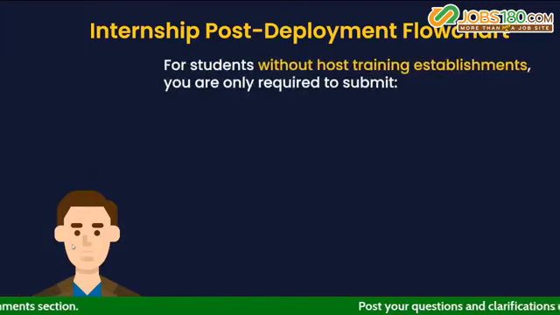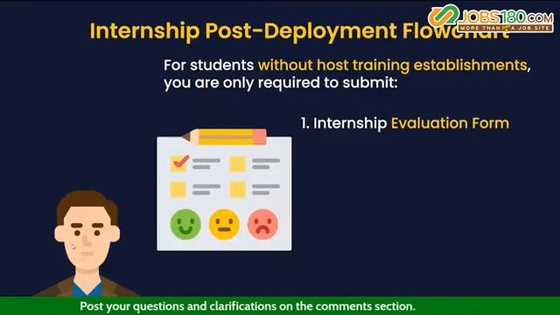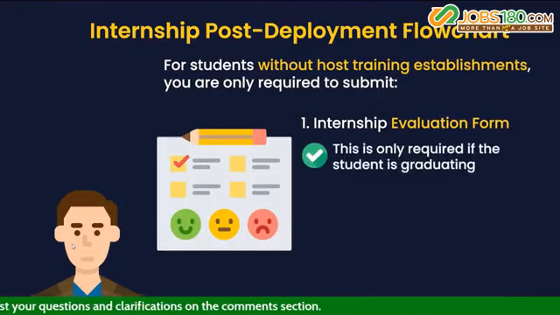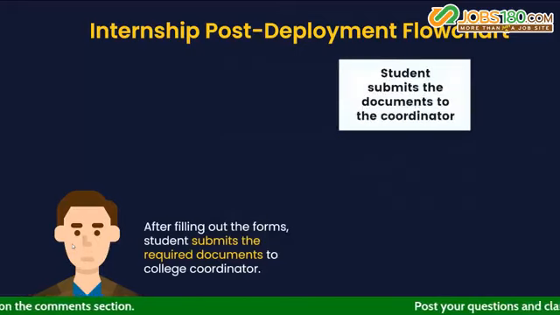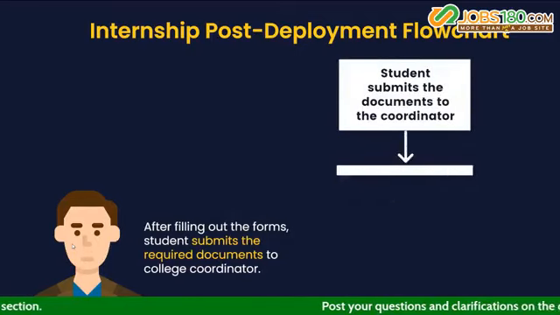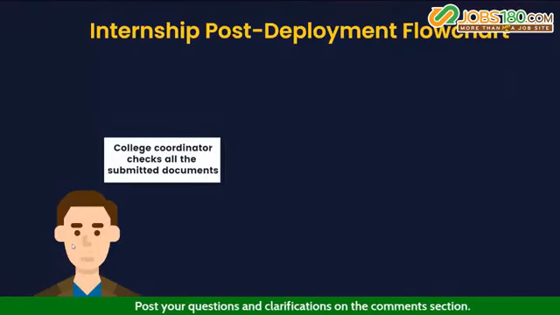For students without host training establishments, you are only required to submit an internship evaluation form. This is only required if the student is graduating. After filling out the forms, the student submits the required documents to the college coordinator. College coordinator checks the submitted documents.